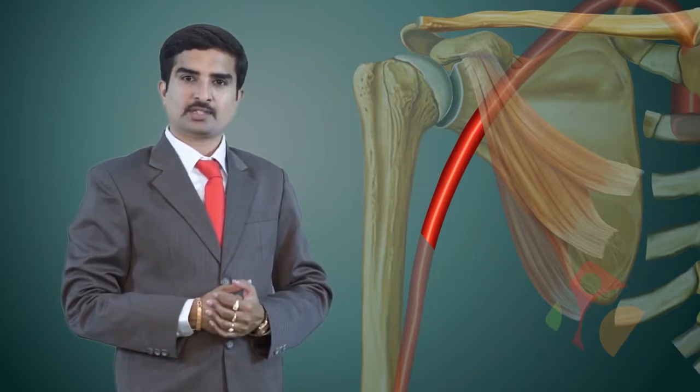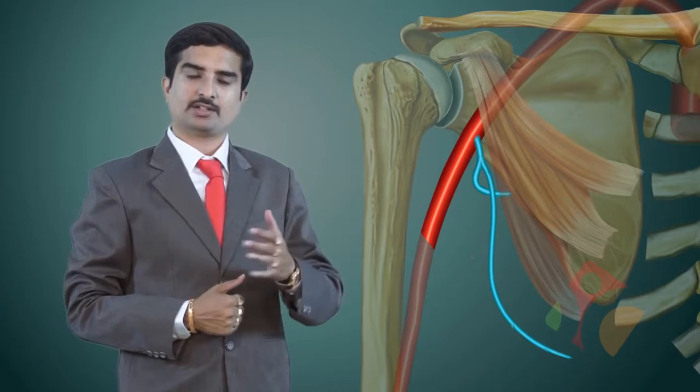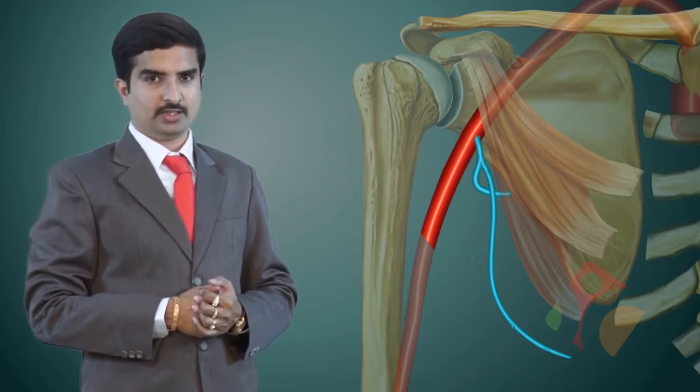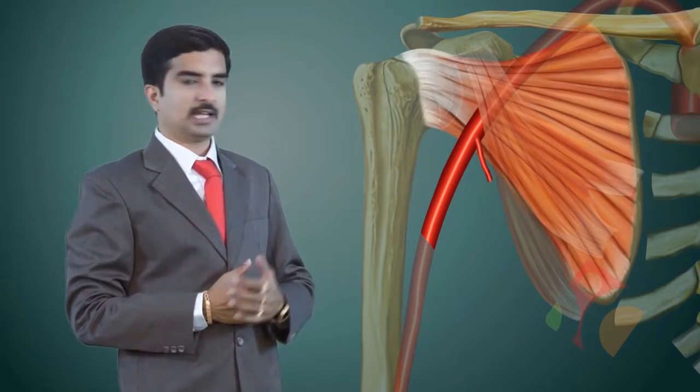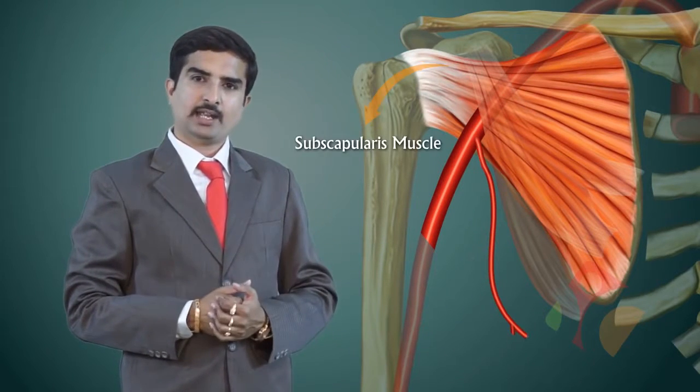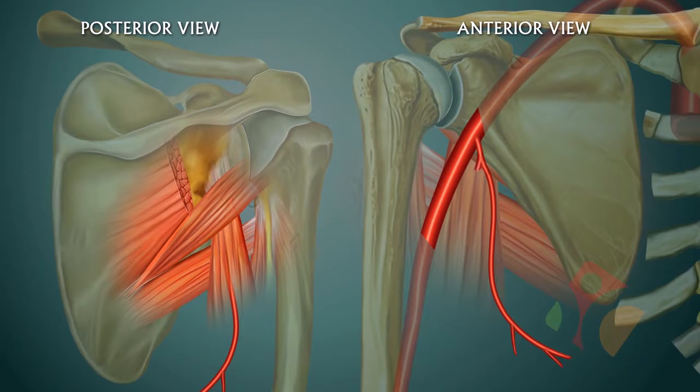First is the subscapular artery. This subscapular artery is the largest branch of the axillary artery. It arises from the lower border of the subscapularis muscle and finally ends at the inferior angle of the scapula, where it passes through the upper triangular intermuscular space.